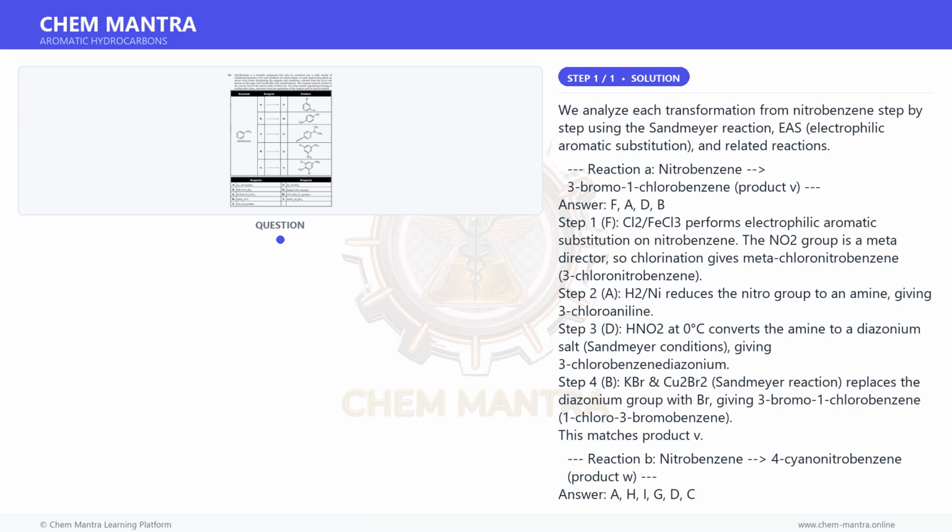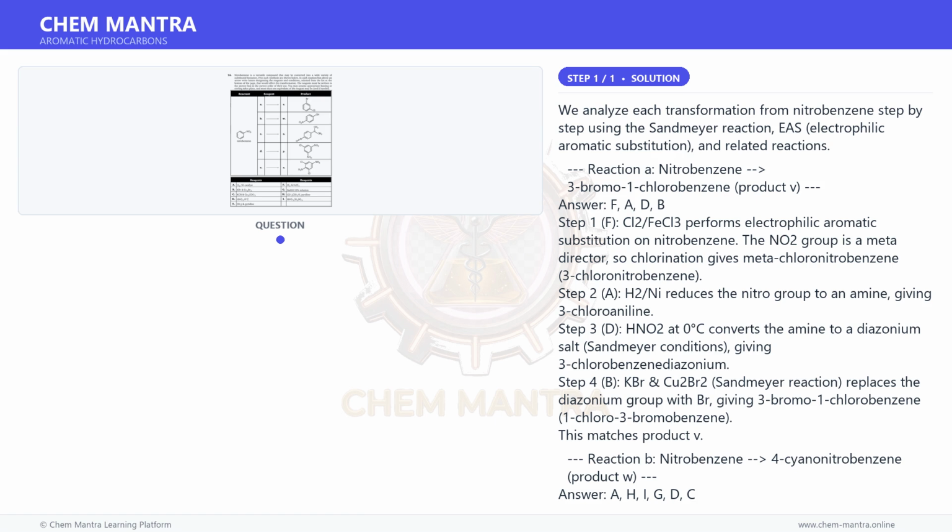Answer: A, E, D. Step 1. H2/Ni reduces nitro to amine, giving aniline. Step 2. CH3I and pyridine, methylation, alkylates the amine twice, with 2 equivalents, giving N,N-dimethylaniline. Step 3. HNO2 at 0 degrees Celsius.